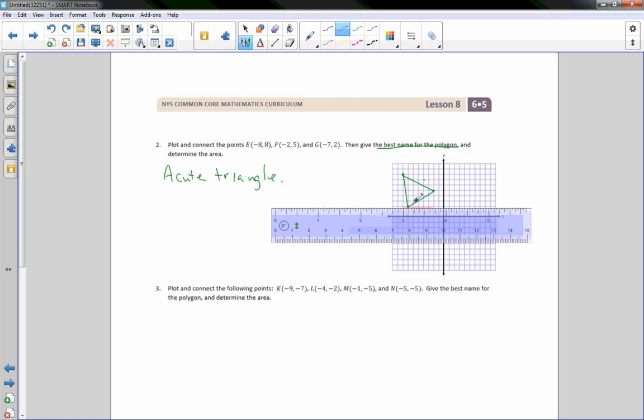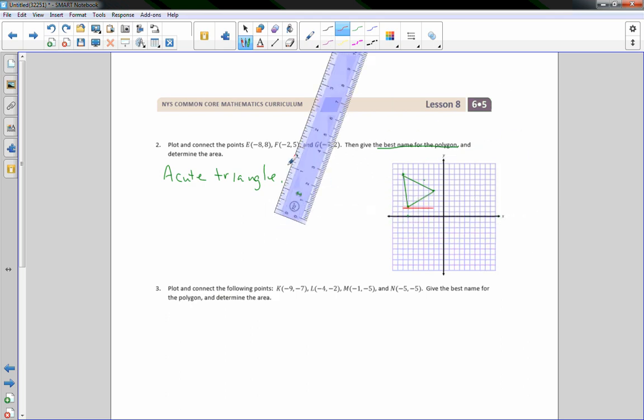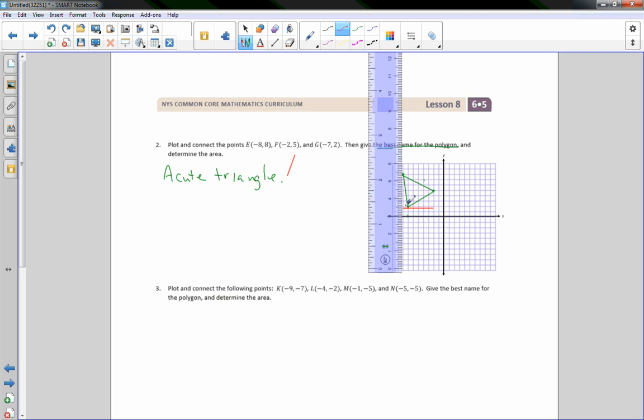So the base distance is this distance, and the height distance, make that 90 degrees. My height is right here. So if I rotated that a little bit, that would be my area, or my triangle, if the base was lying flat and so forth.